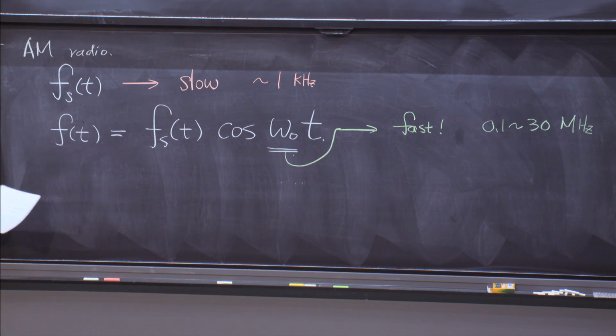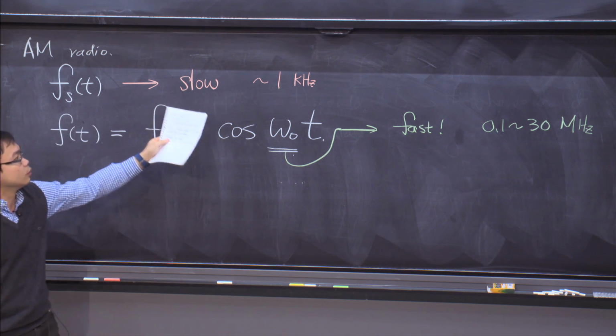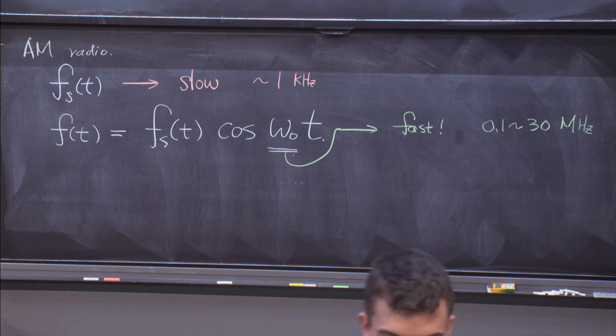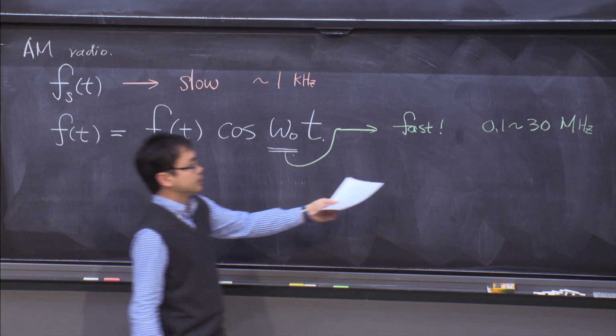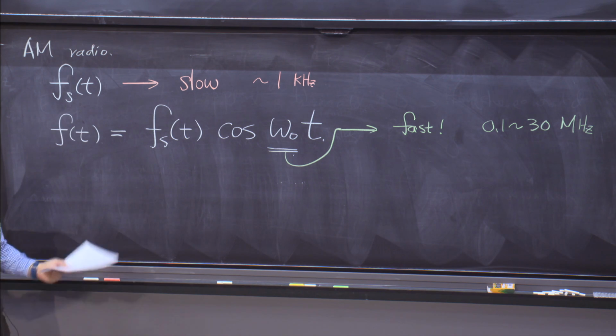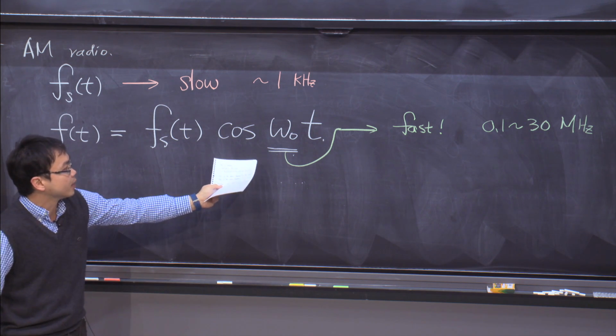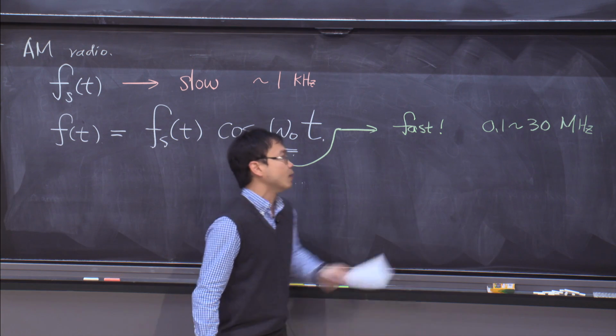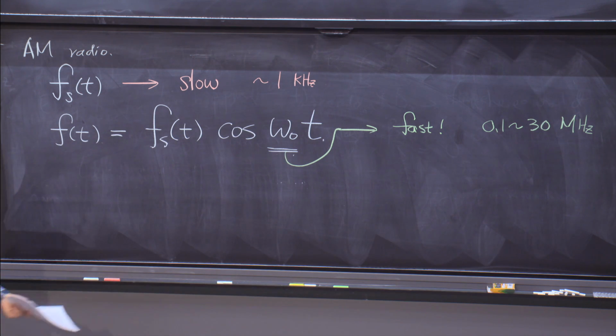In a typical case, fs is really slow, for example my sound is at the level of 1 kilohertz. And you can design a system which multiplies this fs by cosine omega 0 t. Omega 0 can be as fast as 1.1 to 30 megahertz.